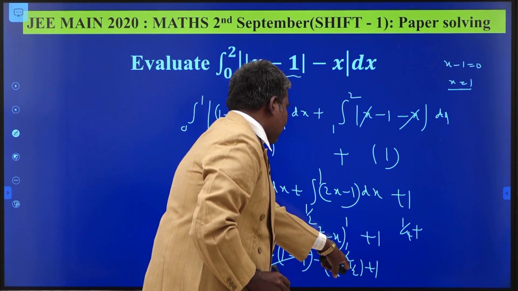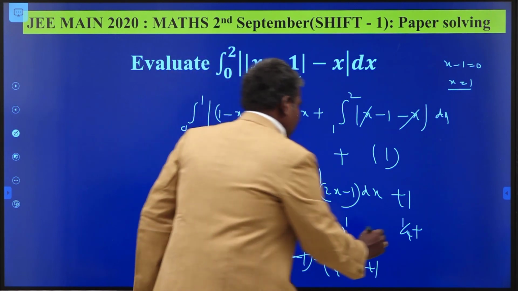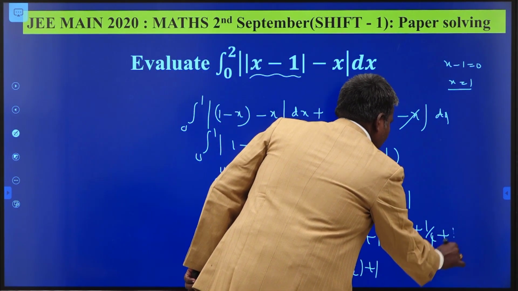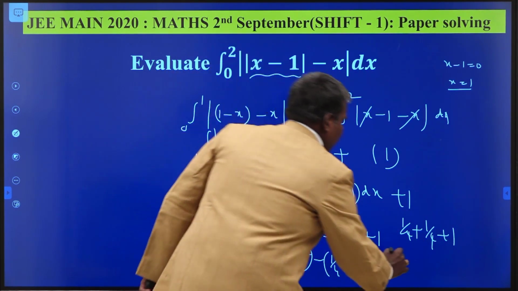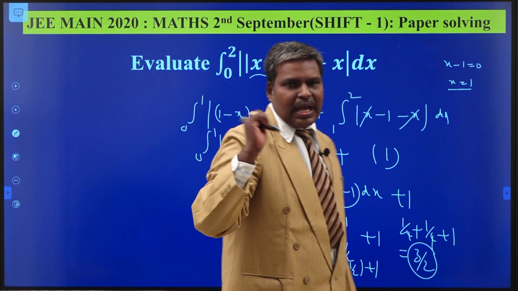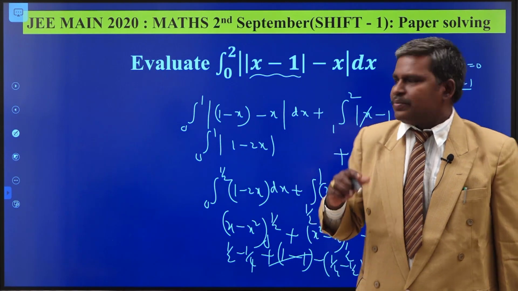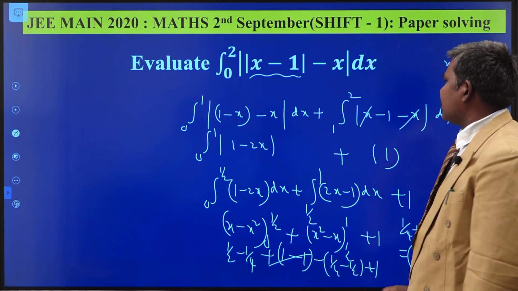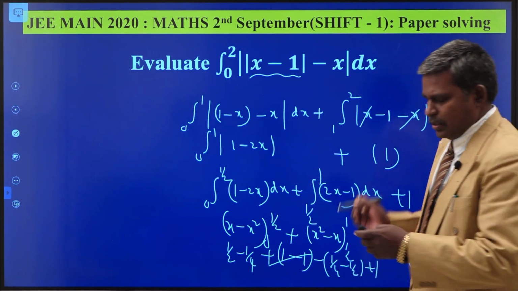Am I correct or not? Minus 1 by 4, minus into minus plus 1 by 4, plus 1 by 4, plus 1. 1 by 2 plus 1, that is 3 by 2. So your answer is 3 by 2. I am applying the definition of the modulus 2 times. Once you do it in this manner, you get the correct answer. Understand?